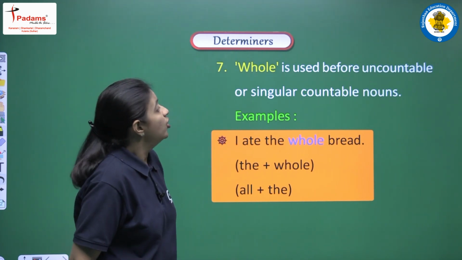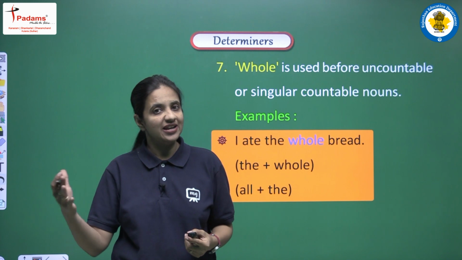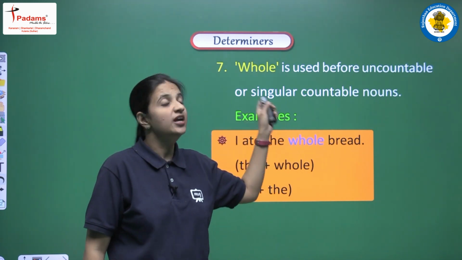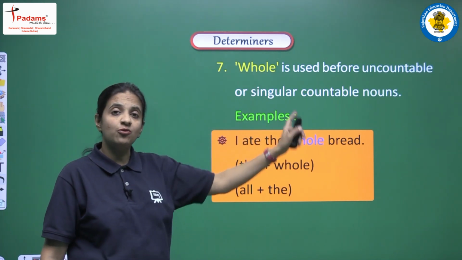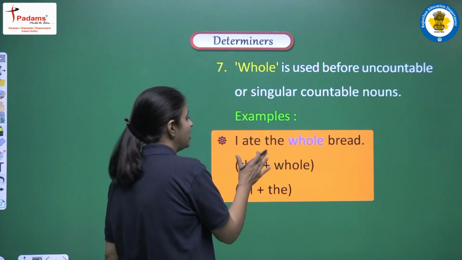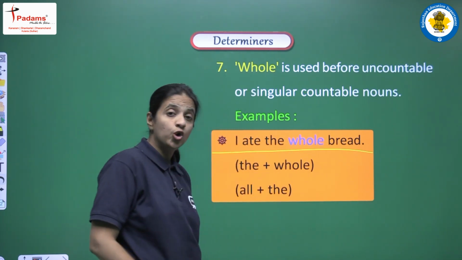Next we are talking about whole. Whole is used before an uncountable or singular countable noun. So let's see the example. I have one example here: I ate the whole bread.